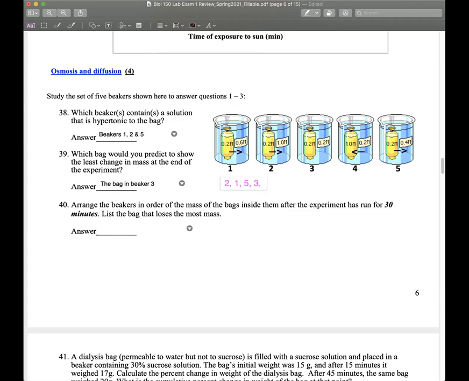It has no net water movement. And then finally, number 4 is the last one, because this is actually going to gain mass. So the order of these bags from lightest to heaviest at the conclusion of the experiment would be 2, 1, 5, 3, 4. And we see that that's one of our answer options.